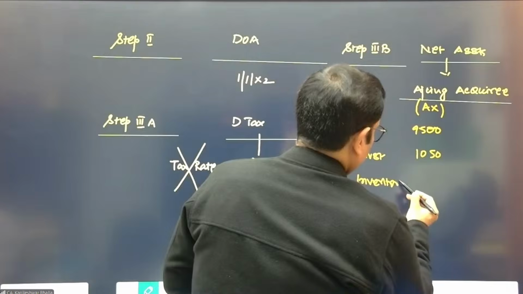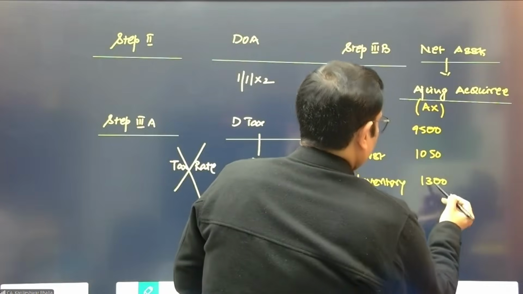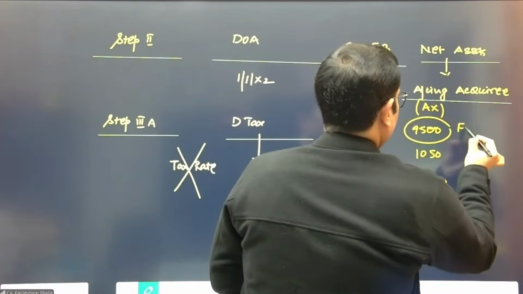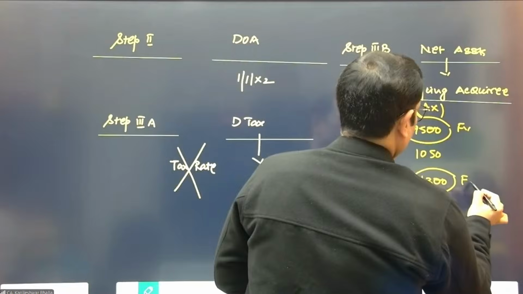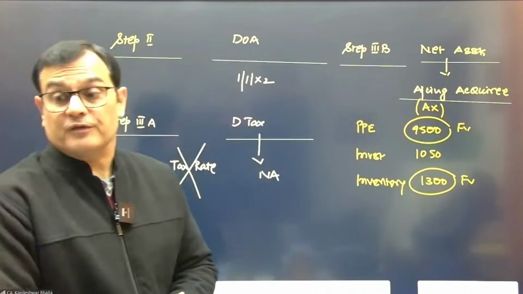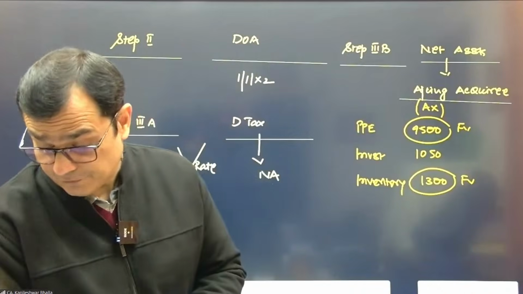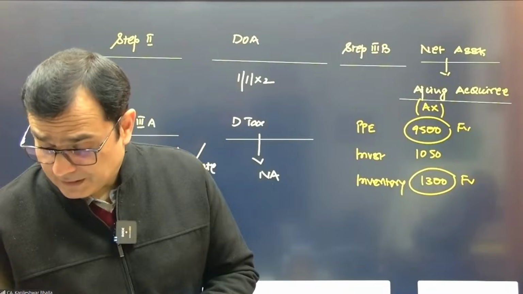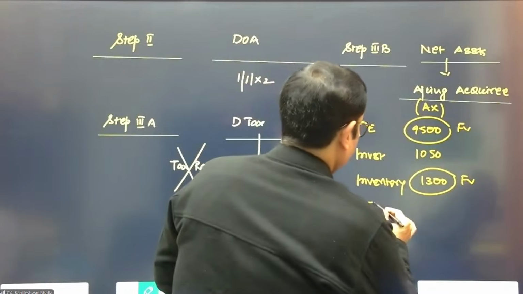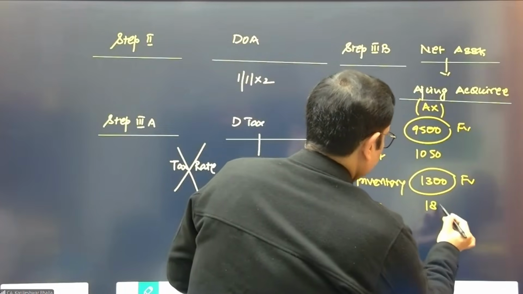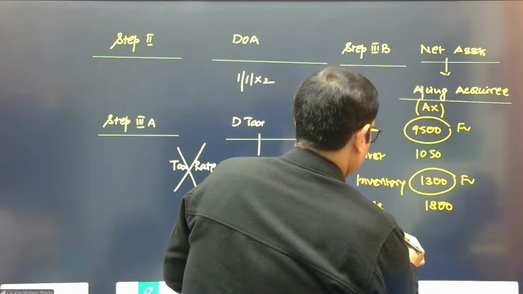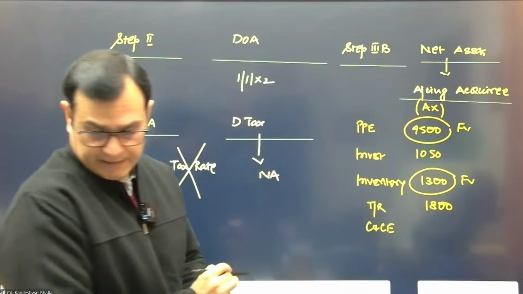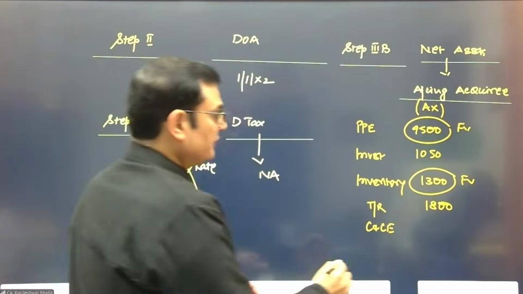Inventory is taken at 1300. So inventory is at fair value. For the rest, book values and fair values are common. We are not given any information. Trade receivable is 1800. The cash and cash equivalents is, I guess, 450.